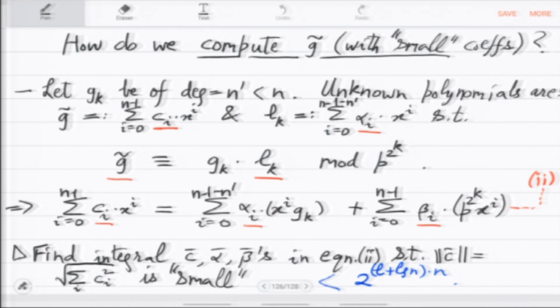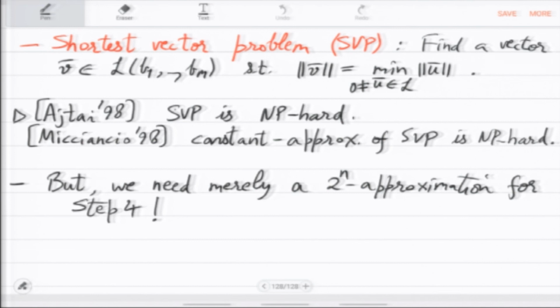And for that ambient space of n, step 4 requires a c bar to be around 2 raised to L, and 2 raised to L is also an upper bound for the coefficients in the input. So in terms of n, it's actually an exponential approximation that you are looking for. So the demand on c bar is very relaxed, and that will save us.